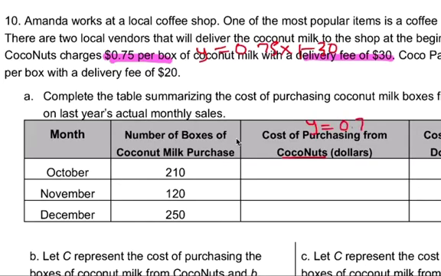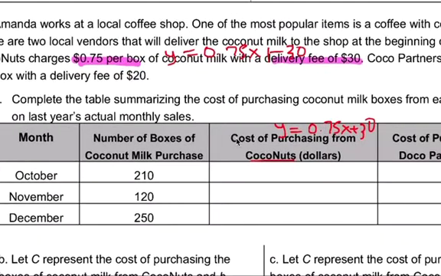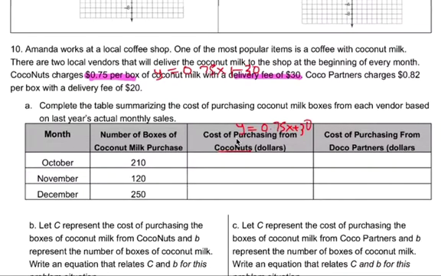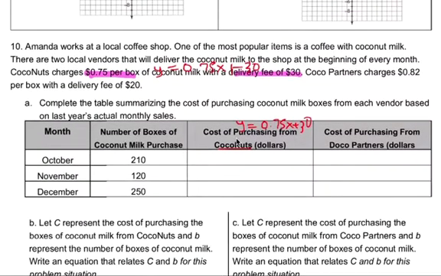0.75x plus the delivery fee of $30. Okay, so here's Coco's: 75 cents per box plus delivery fee. Coco's partner charges more, 82 cents. Oh, I'm sorry, delivery fee of $20.